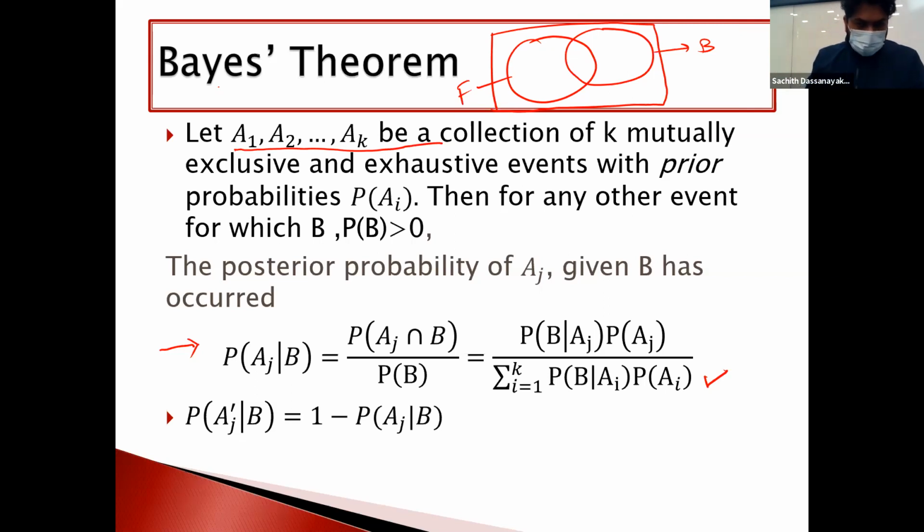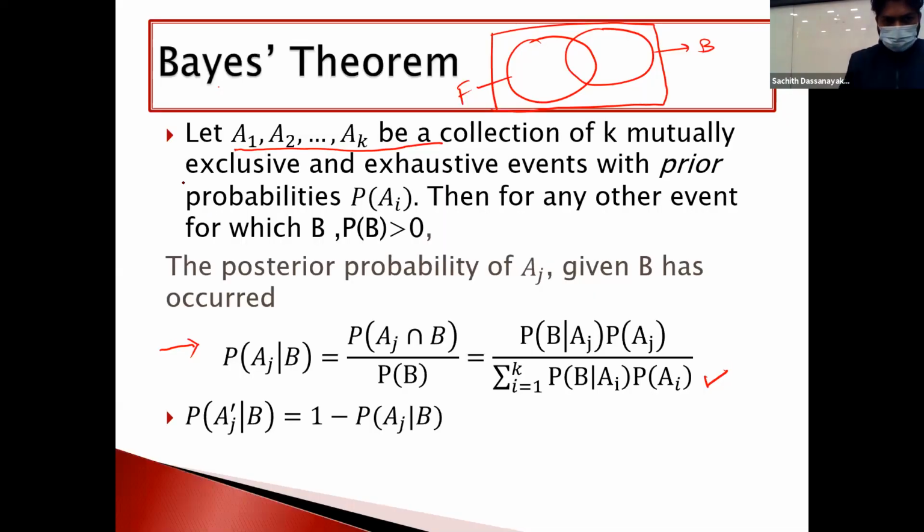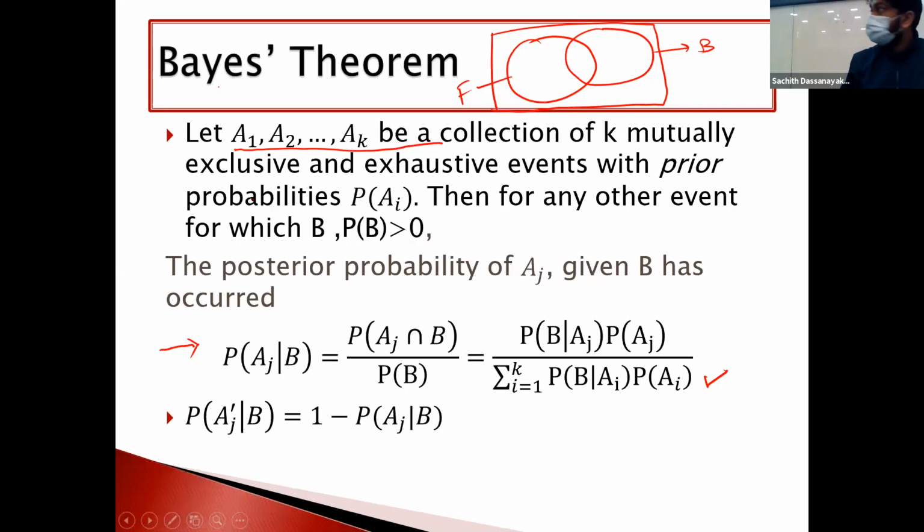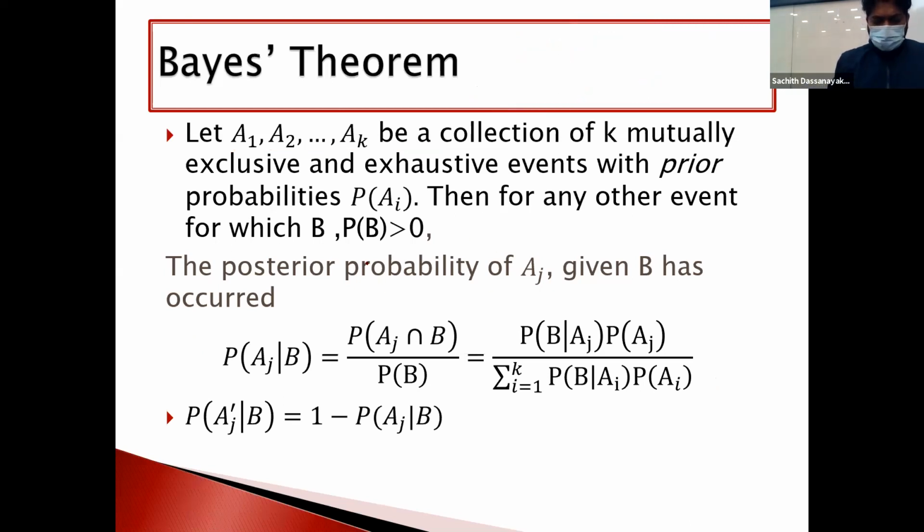If we need to find the probability of number one given number two, this 1, 2 means a general event.